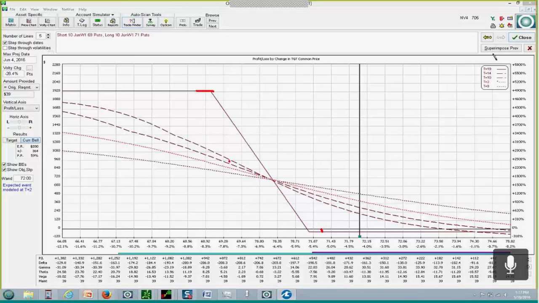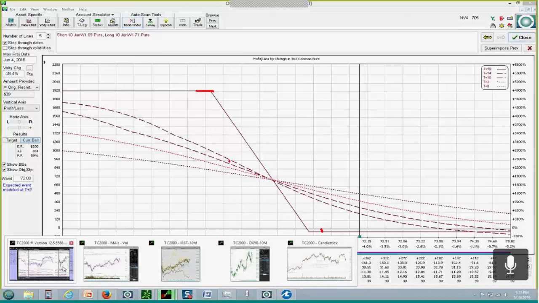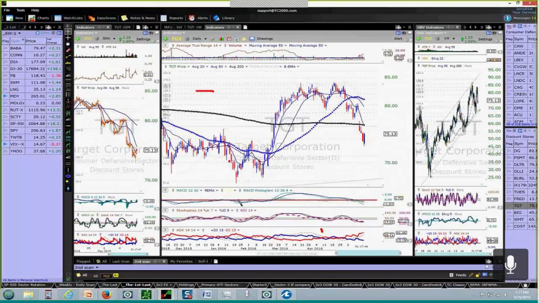So what we can do is take a look at 72.50. Hold on one second.